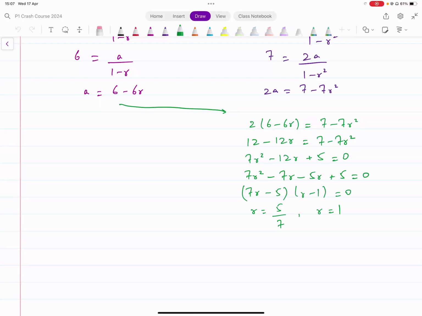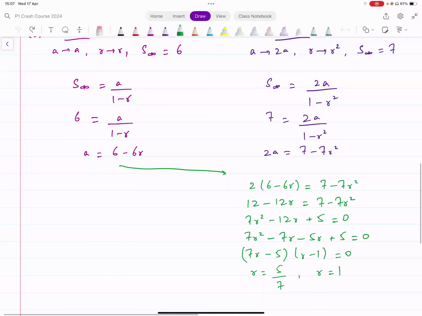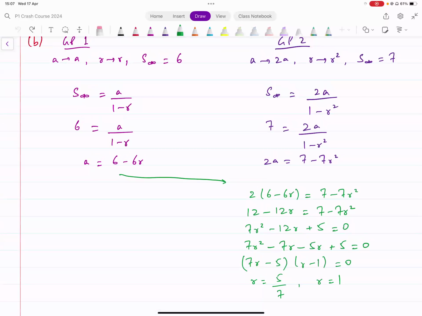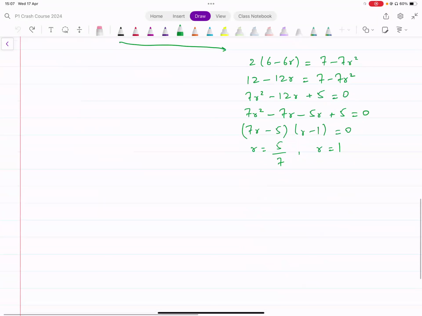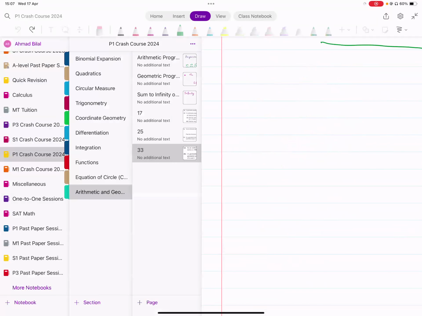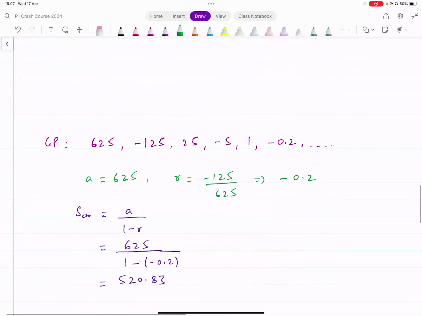Now, think about it. If ratio is 1, what does that mean? What is the GP going to be like? The first GP is going to be the same number repeated. If the ratio is 1, you're multiplying by 1 to get the next value, so it will be the same number repeated again and again. Does the sum to infinity exist in that case? Remember the condition for sum to infinity?